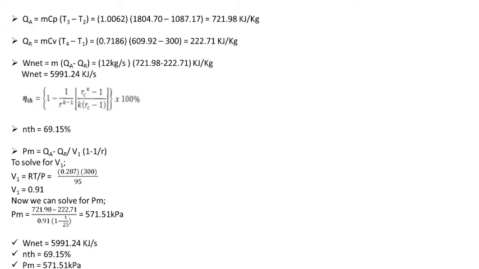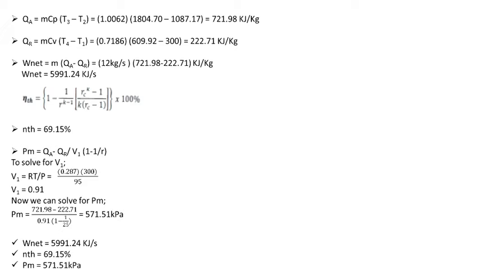Next is the heat rejected, which is QR equals Cv multiplied by (T4 minus T1), and will be equal to 0.7186 multiplied by (609.92 minus 300), and is equal to 222.71 kilojoule per kilogram, which is our QR.